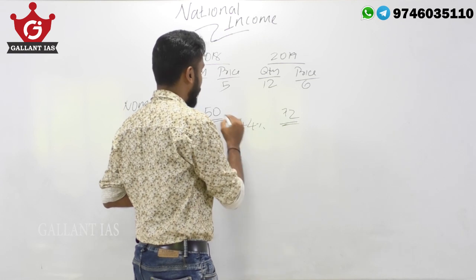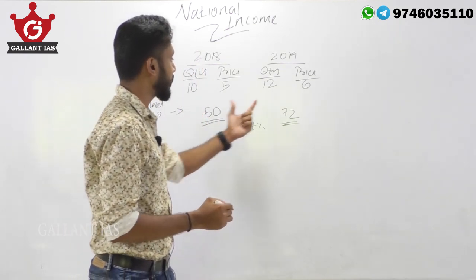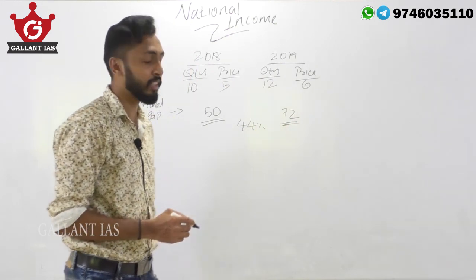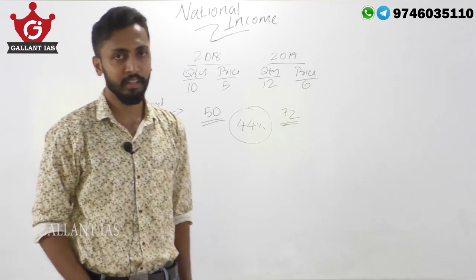Nominal GDP increased from 50 to 72 from 2080 to 2090, so here the increase is about 44%.